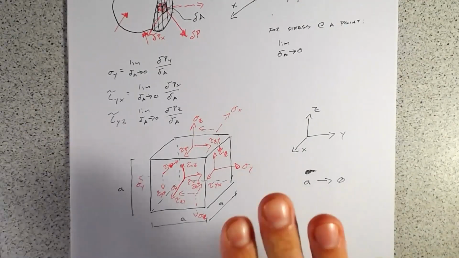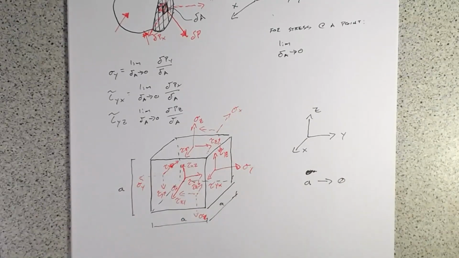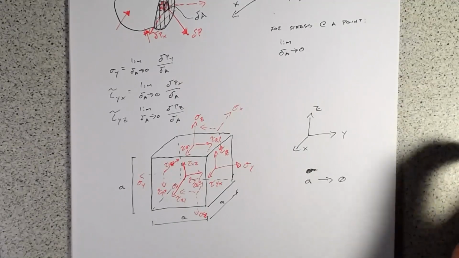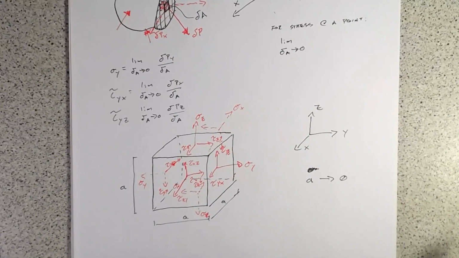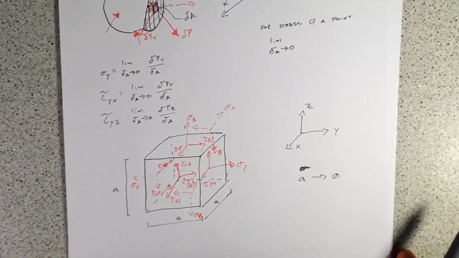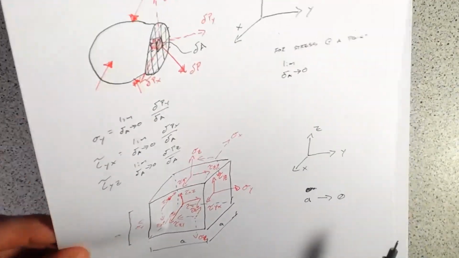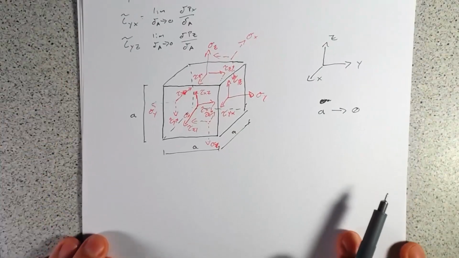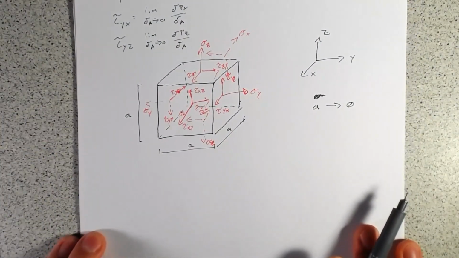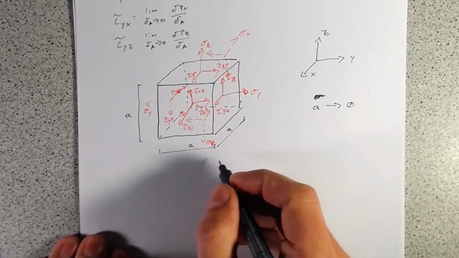So that's what we're going to do, essentially free body diagrams of each of these faces. But before we do that, I wanted to give you a little bit of a sign convention so that while we talk about this, things make sense. So we'll work with this one first.